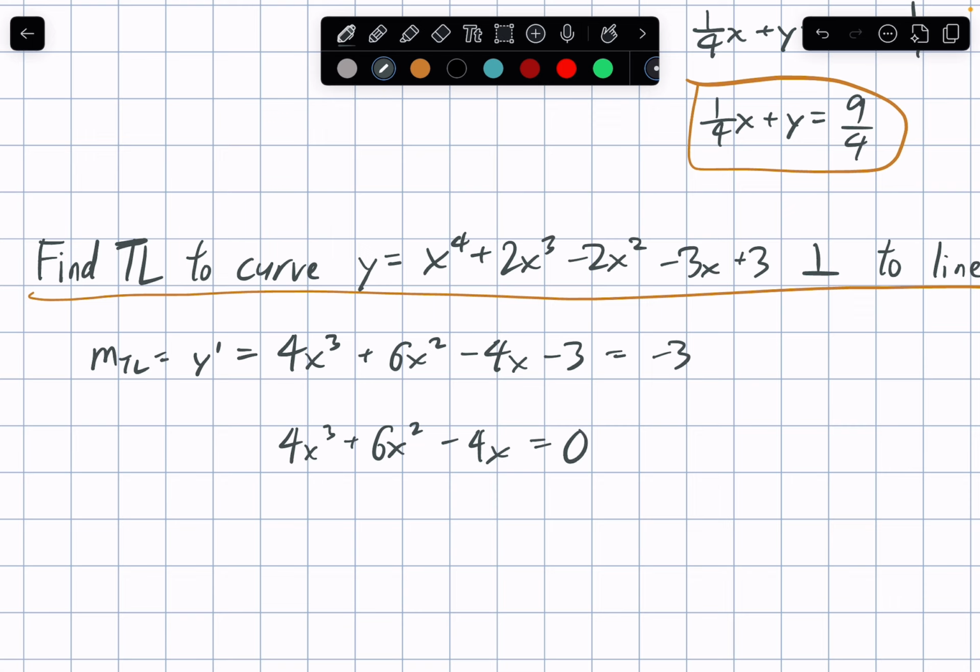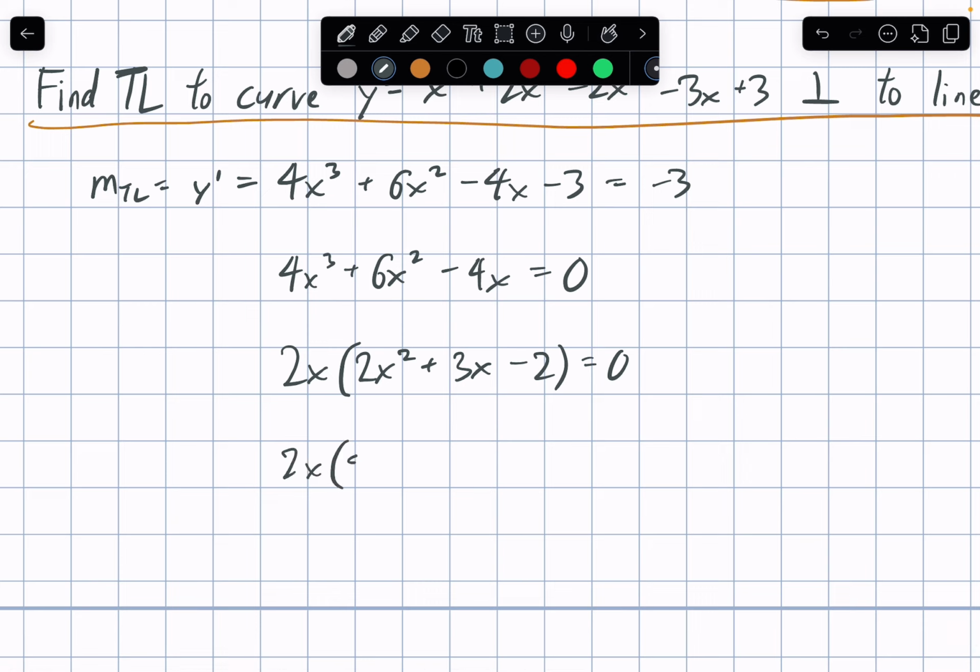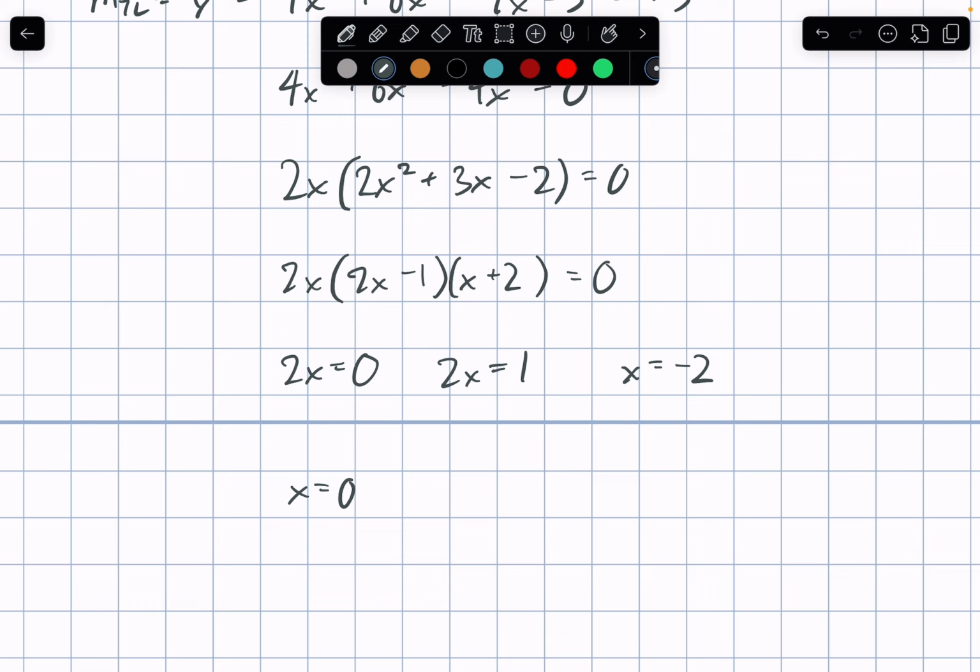So I think we can factor something. So these are the x values.